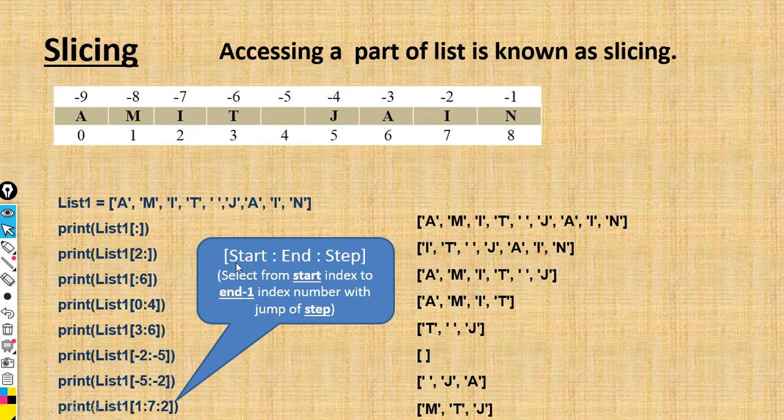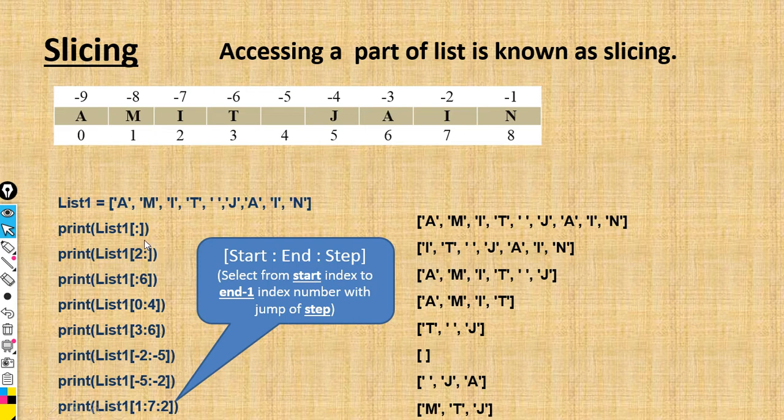Start shows the start index from where we have to start selecting the element, and end is the last index, just before or end minus 1, the index up to which we have to select the element. And step may be positive or negative. Positive means we have to move forward, and negative step means we have to move backward.